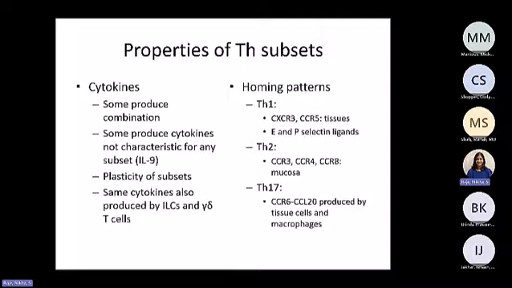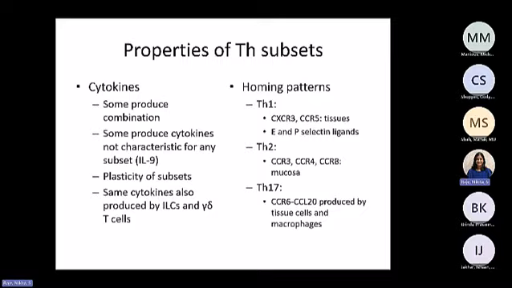And some of these subsets have plasticity, which means they can move from one subset to another. Same cytokines can also be produced by the innate lymphoid cells or gamma delta T cells, which means these cytokines are not specific just to the Th subsets.